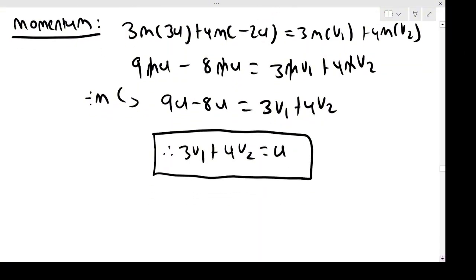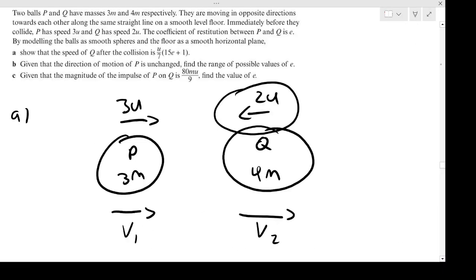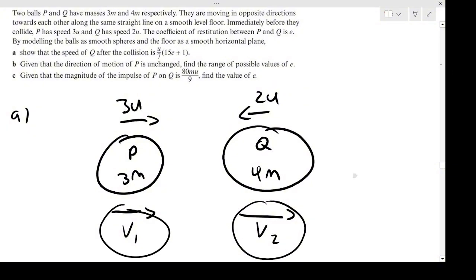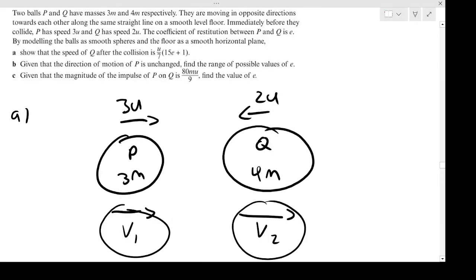Then if I use restitution, E is V2 take away V1 over U1 take away U2. So obviously we have V2 and V1 here, so just V2 take away V1. And then U1 take away U2, well U1 is 3U and U2 is 2U.